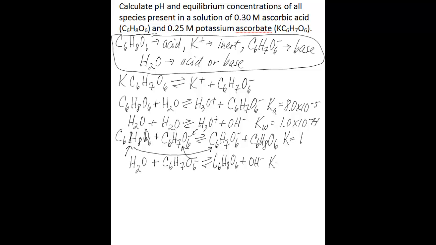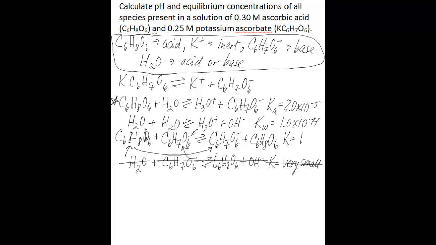And the K value for this is very, very small, because ascorbic acid is a much stronger acid than water, so most of the proton transferring in this solution will be happening according to this first reaction here. So we can eliminate the fourth reaction as a possible proton transfer reaction that will head the ice table.